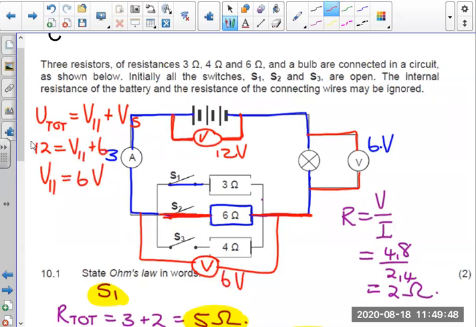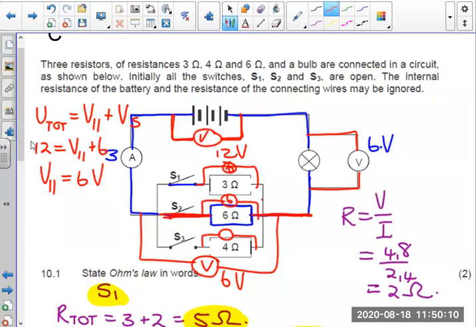And then you must remember, as I taught you yesterday, if the voltage over all three resistances in parallel is 6 volts, it means the voltage over the 4 ohm resistor is 6 volts, the voltage over the 6 ohm resistor is 6 volts, and the voltage over the 3 ohm resistor is 6 volts.